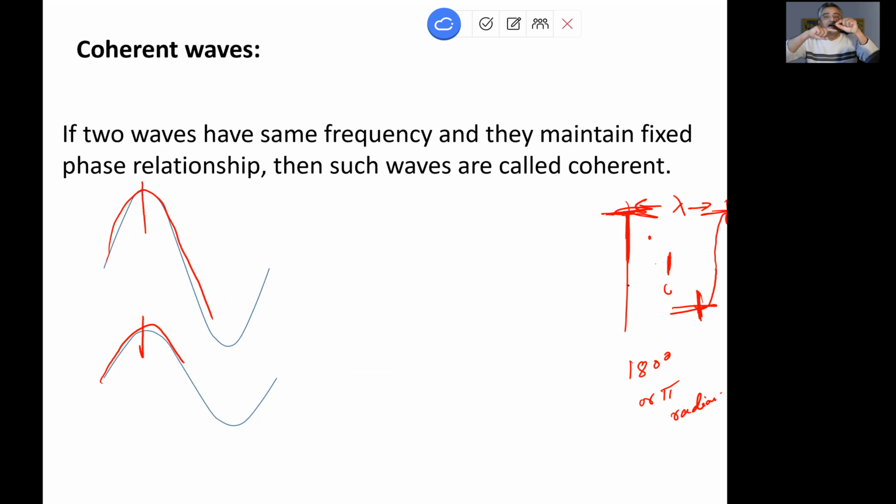So if we say one oscillation is 360 degrees, think about going from here and coming back to the same point. That's 360 degrees in a circle, right?